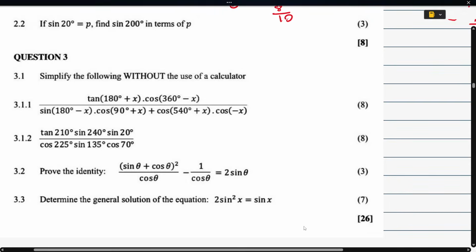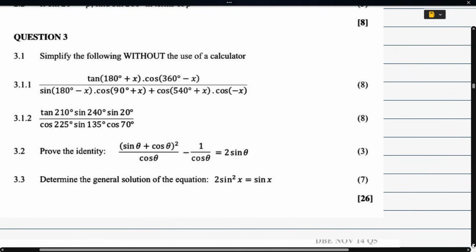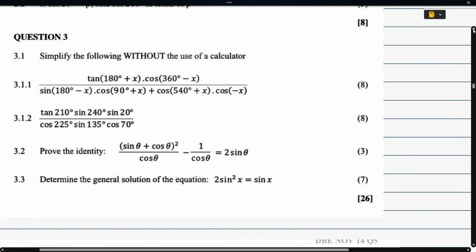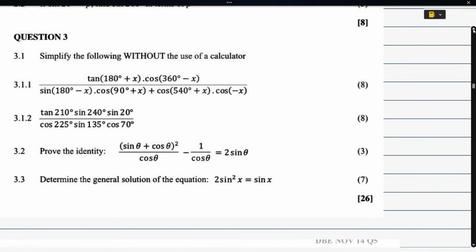Let me try to zoom this question for you so that you can see it without any problem. Let's look at this one. That is our last question.